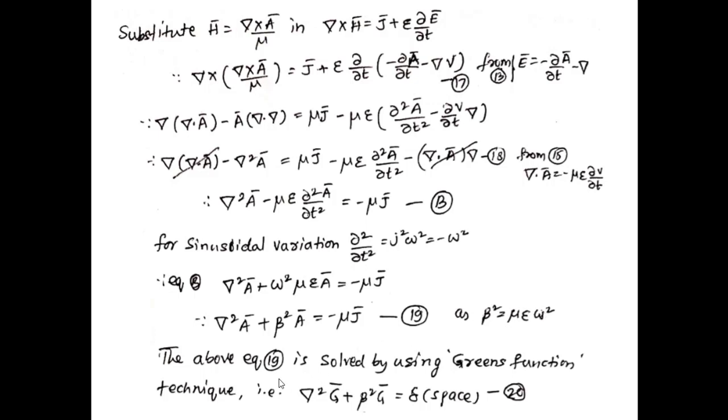The above equation 19 is solved by using Green's function technique, that is del square G bar plus beta square G bar is equal to a delta in space.